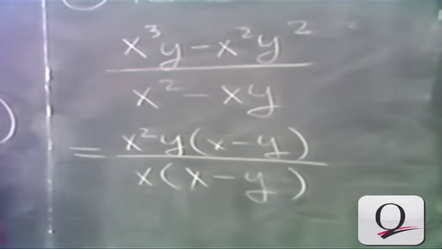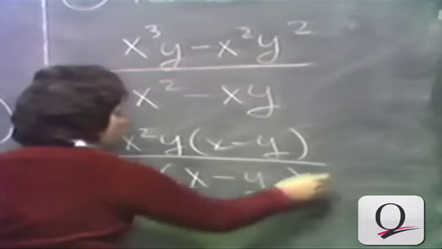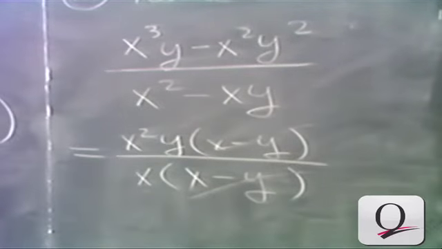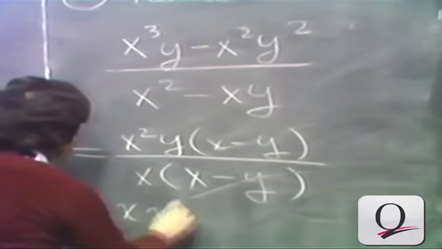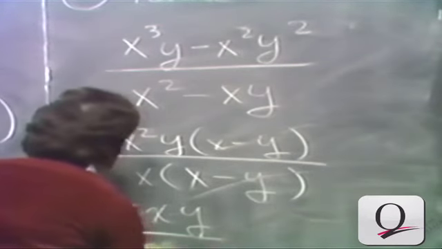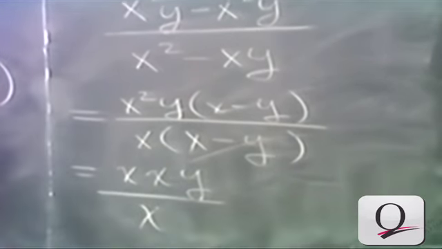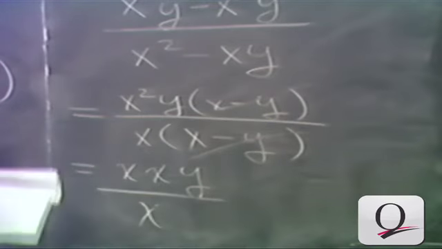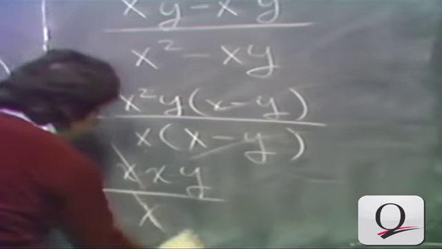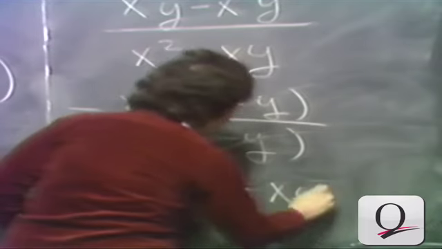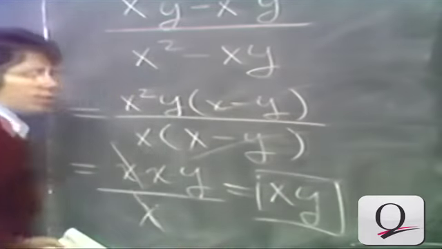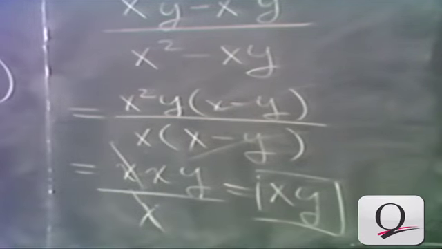We now notice that both the numerator and the denominator have a factor of x minus y, which we can cancel out. Furthermore, the numerator, which is x squared times y, also has a factor of x, which can cancel the x downstairs, leaving us with a final answer of xy. And that brings us to the end of this tape.